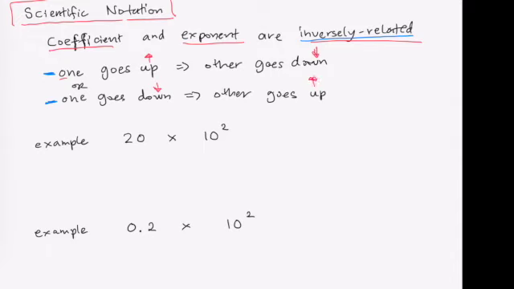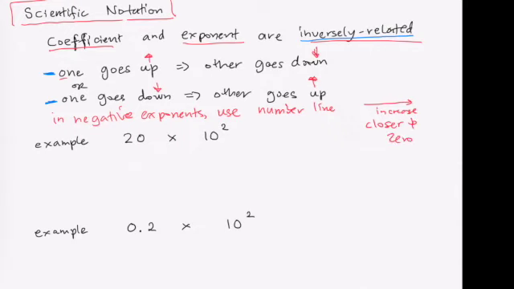And it is important to remember, with negative exponents, to use a number line, because it gets really confusing for negative exponents that increase going closer to 0, meaning a number from -2 to -1 is increasing. Normally you might say, wait a second, that's 2 to 1, but it's -2 to -1 because it's getting closer to 0. So that's an increase.